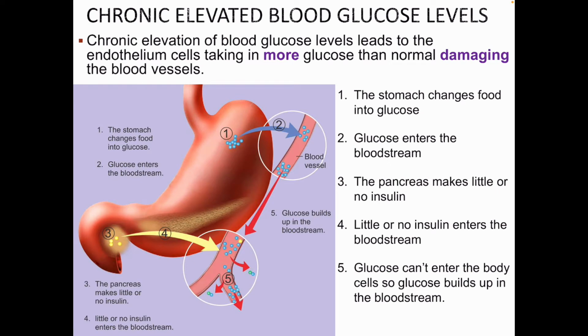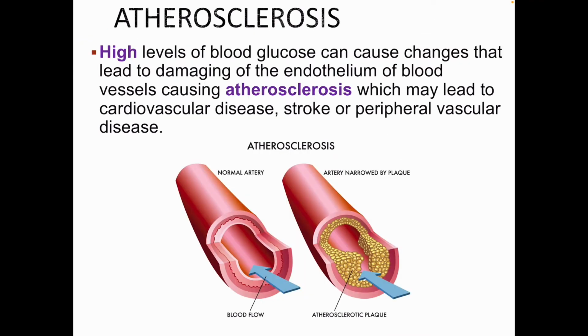So chronically elevated blood glucose levels mean that the endothelial cells lining the blood vessels take in more glucose than they would normally do. This damages the endothelium and damages the blood vessels. High levels of blood glucose then cause this damage to the endothelium.